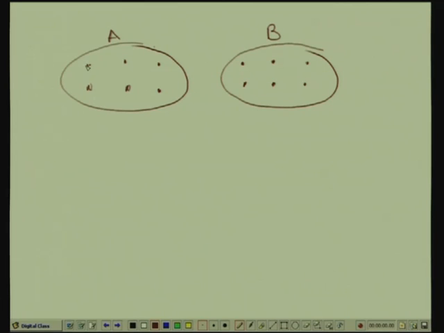But in this case, say I have got all the elements the same, but this is a fuzzy set and this is another fuzzy set. Unless the membership of this is the same as the membership of this element, and similarly for all the elements, just belongingness will not do, the membership values should also be the same, then only we can say that they are equal. Okay.